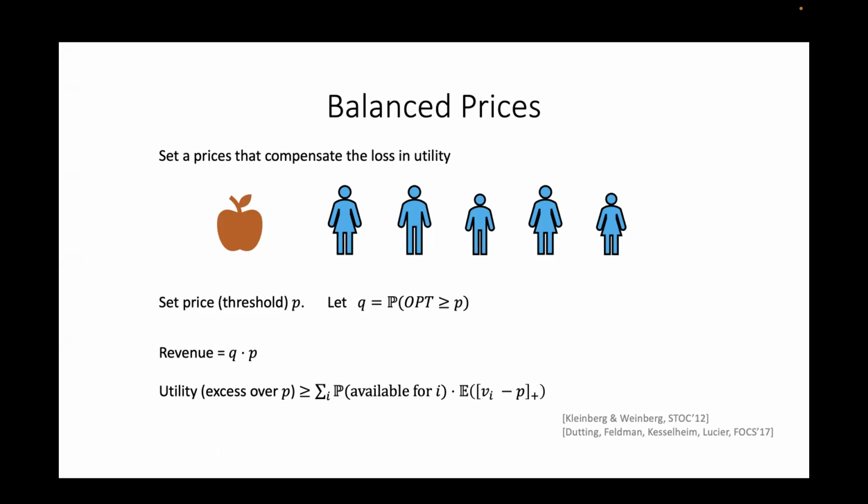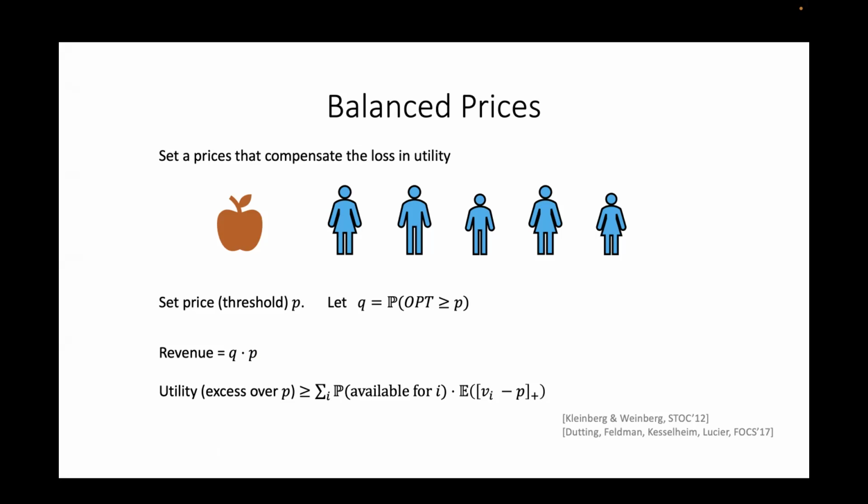So the utility will be the sum over agents of the utility of the agent if they get the item. So what will that be? Well, it's the value minus the price, the positive part, because if the value is lower than the price, they don't get the item, right? And then times the probability that the item is available.